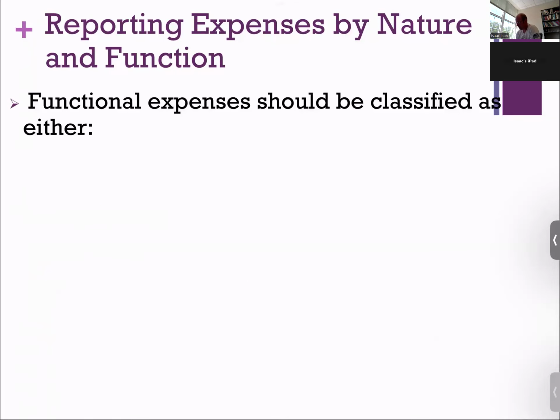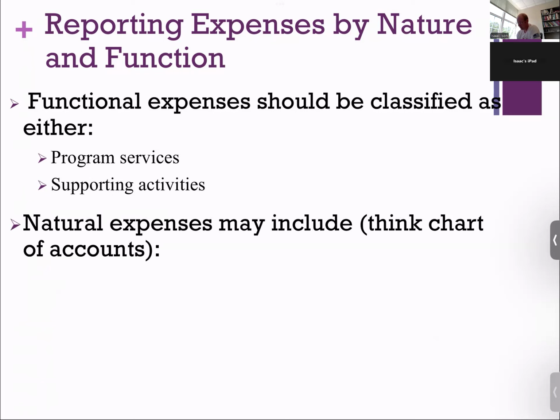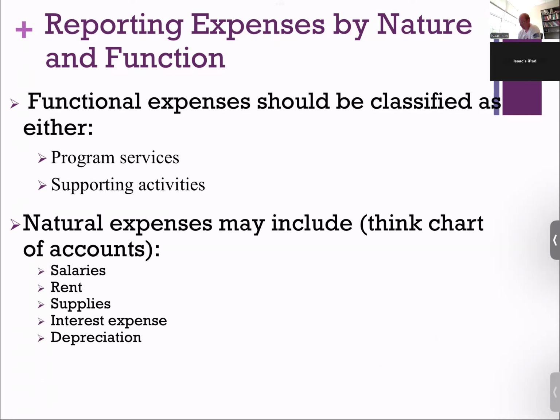Okay. So functional expenses, we're going to either have program services or supporting activities, which we've already talked about. And then the natural expense classification, just think of that as like a chart of accounts. So things like salaries, rent expense, supplies, interest expense, depreciation, all that stuff.